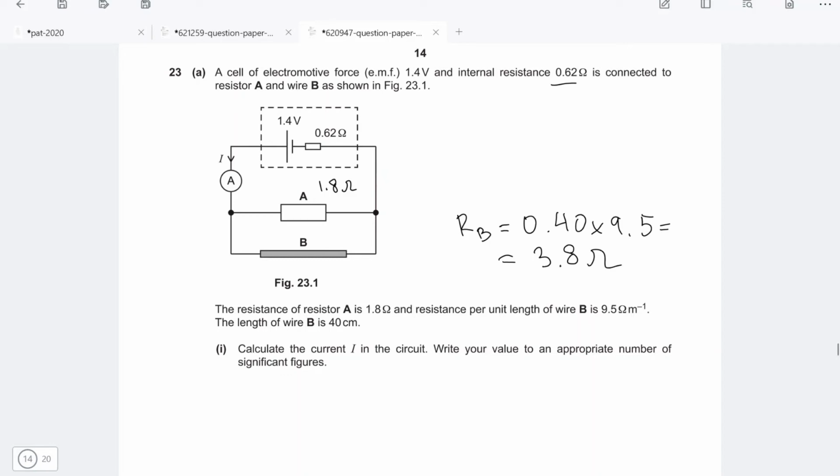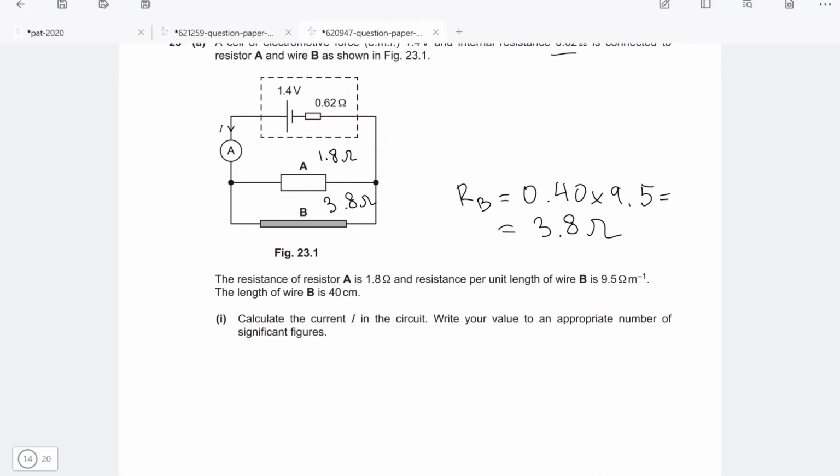Okay, now if A is 1.8 and B is 3.8, what we need to do is find the resistance within the circuit. Because A and B are connected in parallel, R will be equal to 1 over 1.8 plus 1 over 3.8, raised to the power of minus 1.